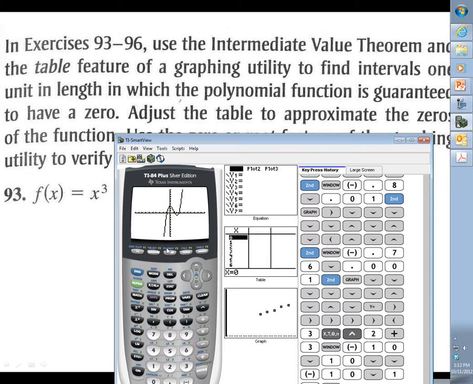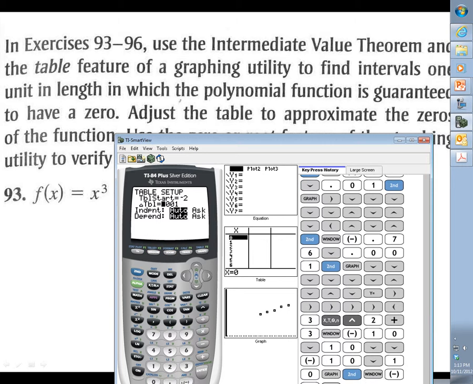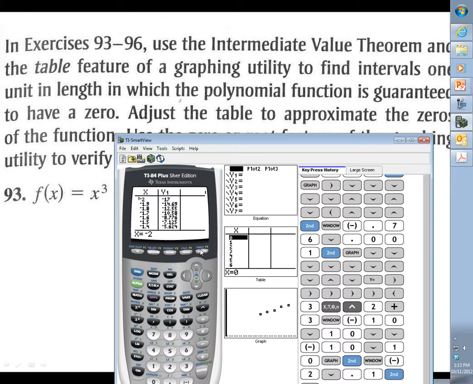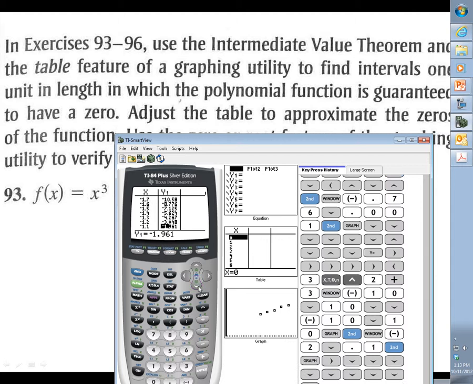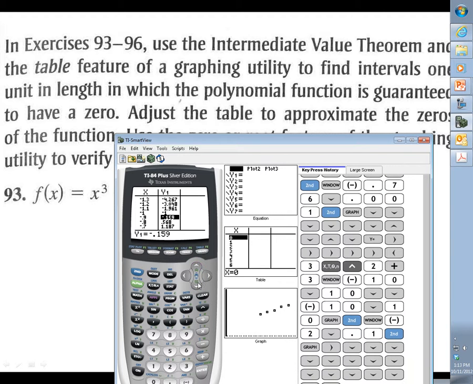So let's go from -2 as our starting point for our table set, and let's count by point ones. We look at our y values. Where do we switch to a positive? There it is. We know that our 0 is between -0.9 and -0.8.